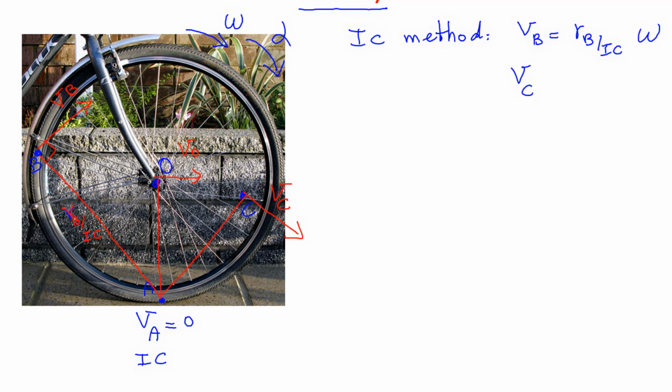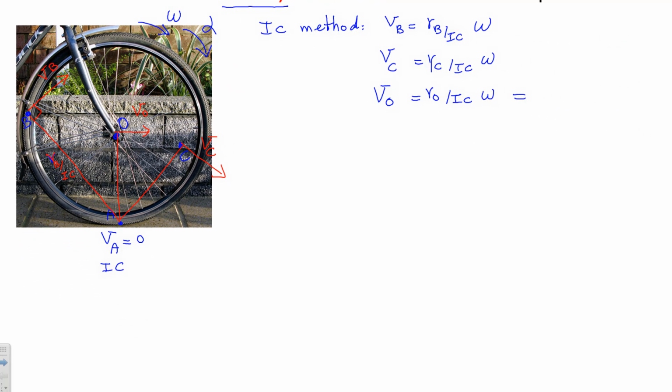The same discussion for point C: VC is RC/IC times omega, and for the center of the wheel, the last one is RO/IC times omega. Look at the RO/IC. This is equal to the radius of the wheel, so it is equal to R omega. So we can find the velocity of any points on the wheel using this analysis.